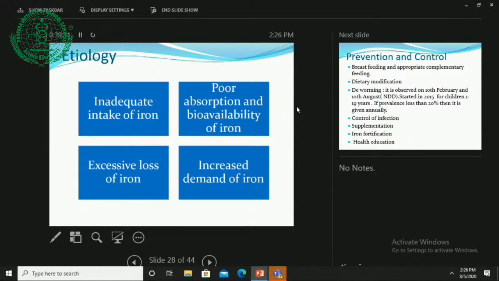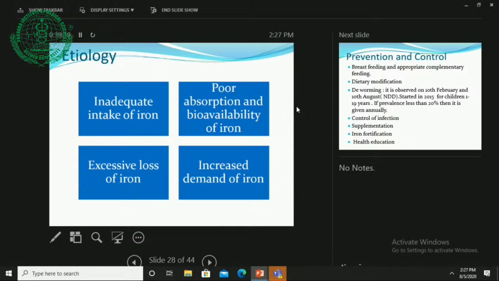This can be because of poor diet, or because of ignorance, or because of ignorance and poor diet. And the second cause is poor absorption and bioavailability of iron. So I told you that in the Indian diet there is poor bioavailability of iron. Only 5% of iron is absorbed.